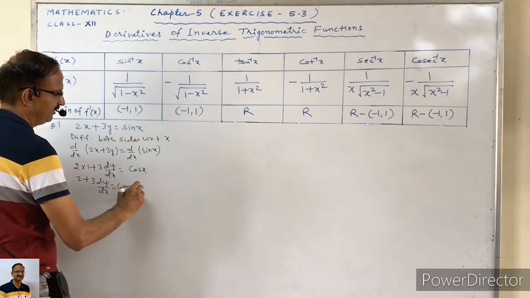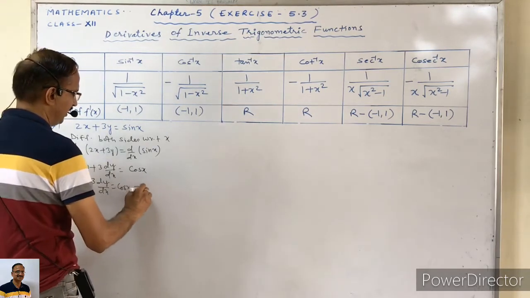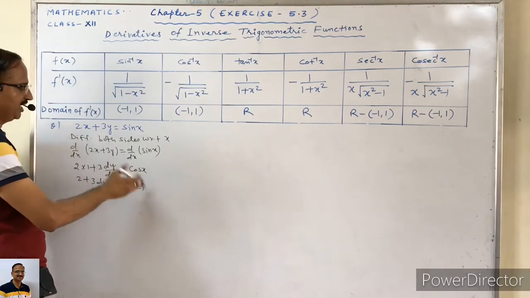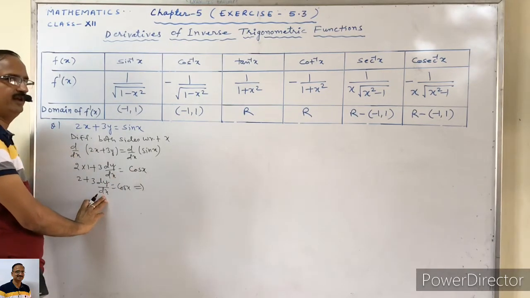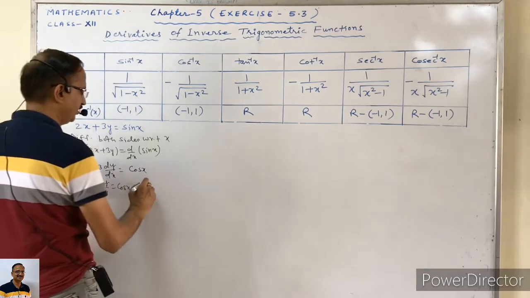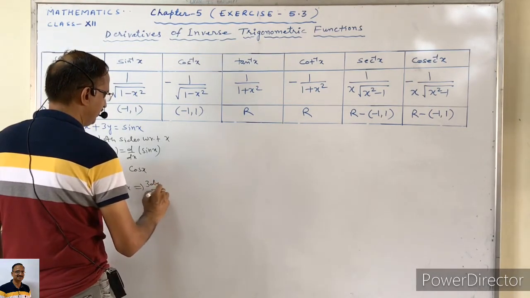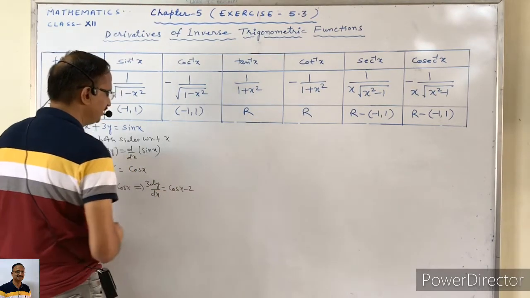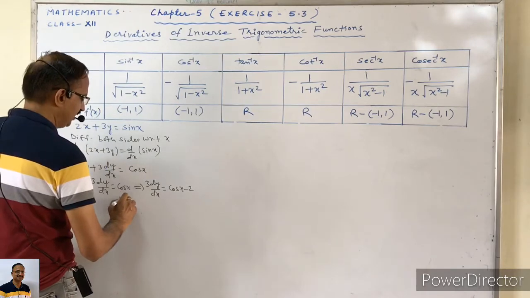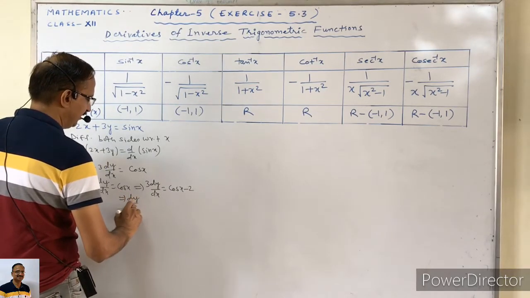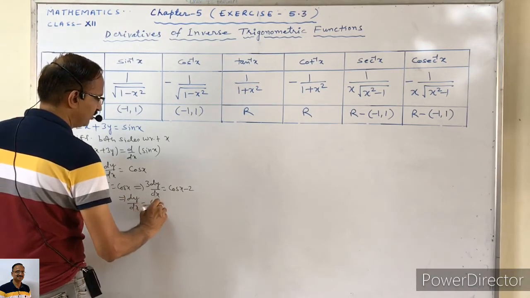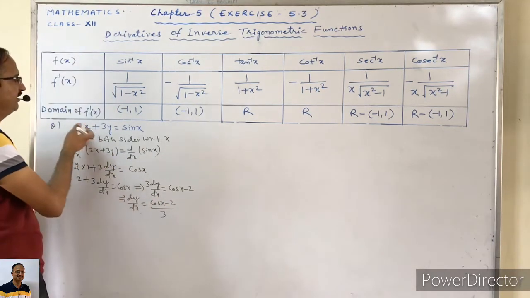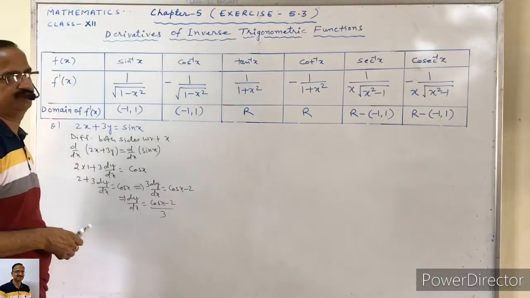When we simplify this, we transfer this 2 to the right hand side because we have to find the value of dy by dx. So 3 dy by dx equals cos x minus 2, and finally dy by dx is cos x minus 2 by 3. So this is the derivative of the given function.